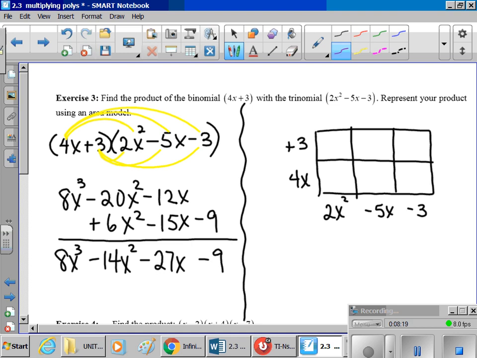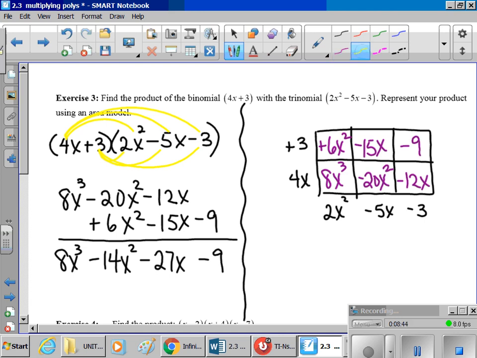And now this becomes a times table. So this becomes 8x cubed. We're multiplying, remember. This becomes a positive 6x squared. This is a negative 20x. This is a negative 15x. Whoops, this is x squared. All right, this is negative 12x. And this is going to be a negative 9.